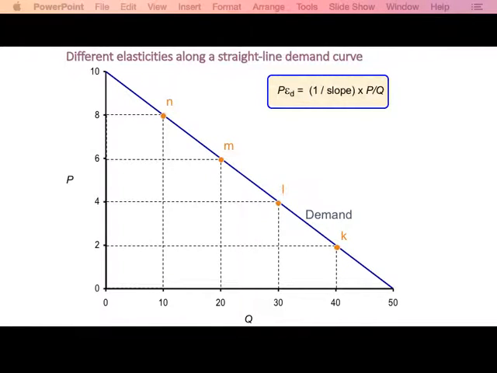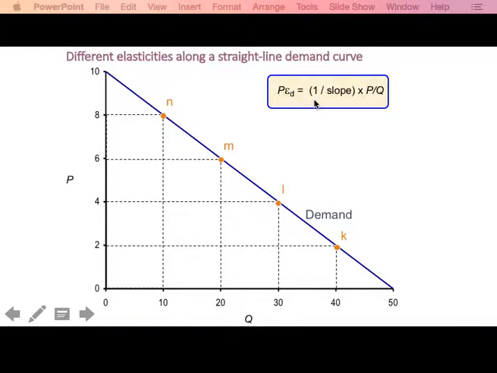We have points N, M, I, K. Point N is where price is high and quantity demanded is low, but point K is where price is low and quantity demanded is high. And remember the formula for price elasticity of demand at a point is that one: 1 over slope times P over Q. Now, if we evaluate it at each point, if you know the slope, we can work out the price elasticity of demand, which is going to be different.